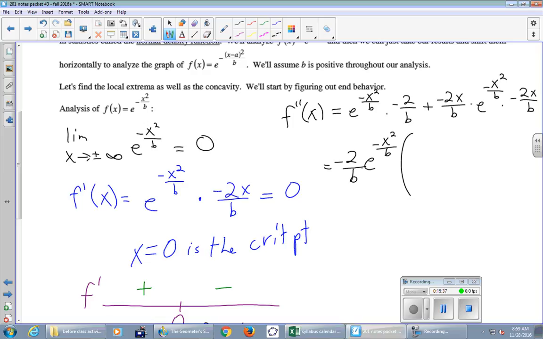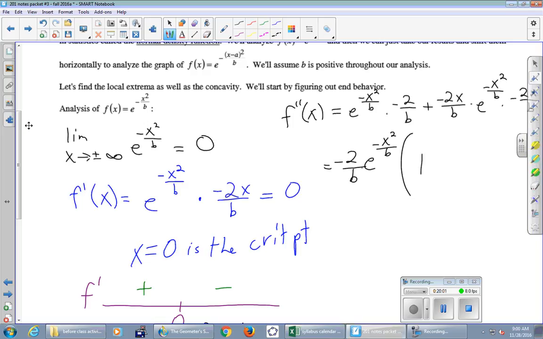Okay, what's left for this first term once we factor it out? One. We factored everything out, so kind of like nothing, but we do have to have that placeholder of a 1. Okay, next up, I factored out the e part.